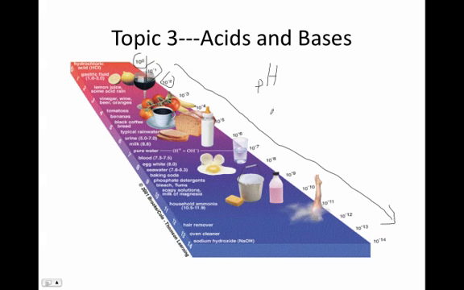And these numbers, with their exponents, mostly negative exponents, stand for the amount of hydrogen ion. Now, when we go from pH 2, which is 10 to the negative 2, to a pH of 3, which is 10 to the negative 3, they differ by a factor of 10.